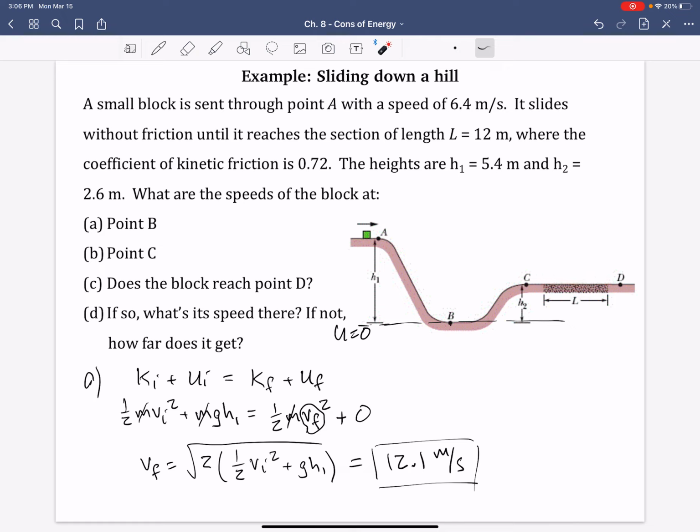Ask it another way. Does the force of friction acting on the block in this case expel all of its initial energy? Or is some left over?